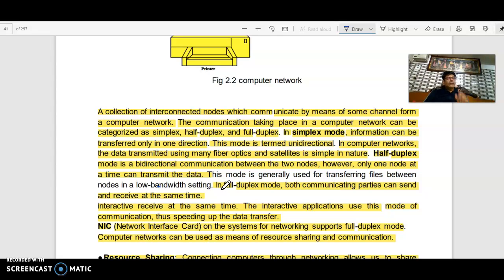In that case, at one point of time, one node can transfer the data. Otherwise, it will hang because of low bandwidth. And then full duplex mode. In full duplex mode, both communicating parties can send and receive the data at the same time.